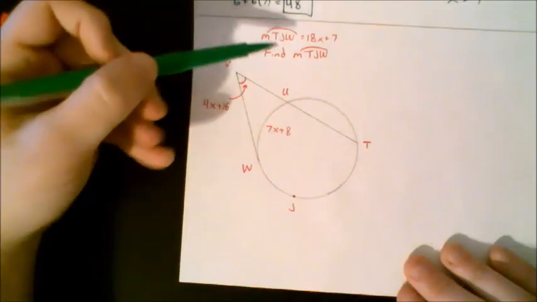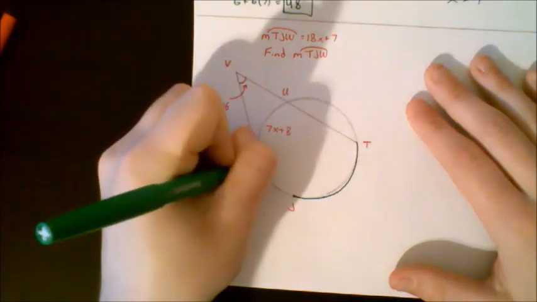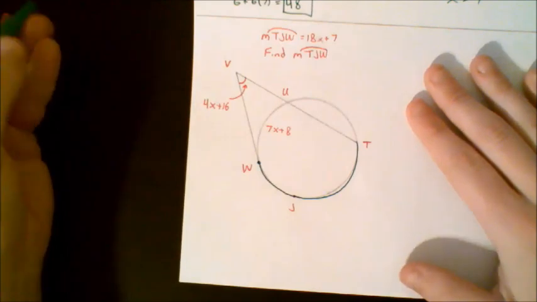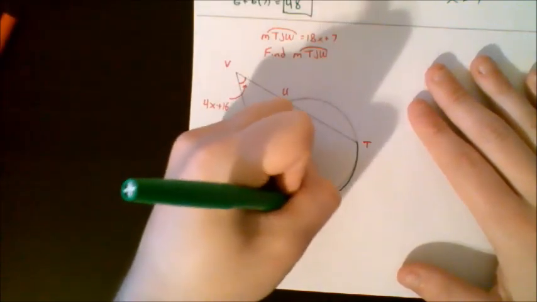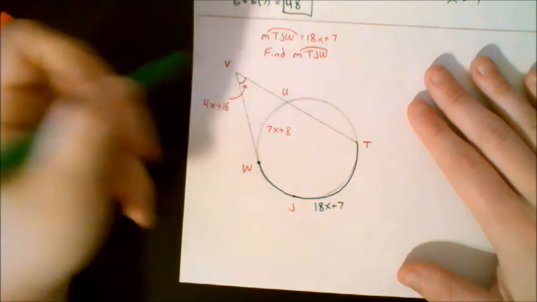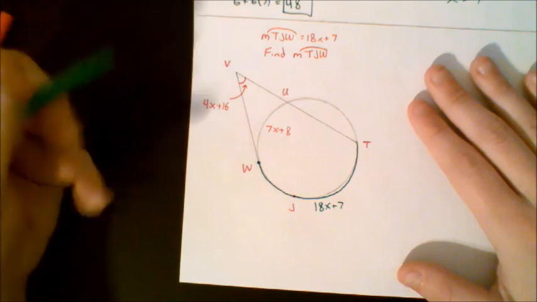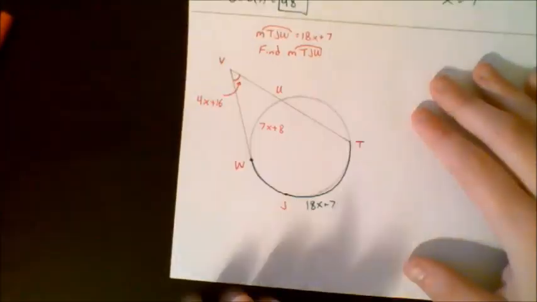We are given TJW, so arc T, starting at T, passing through point J and ending at point W. This equals 18x plus 7. We are given UW equals 7x plus 8, and we have this outside angle of 4x plus 16. So let's set up an equation.